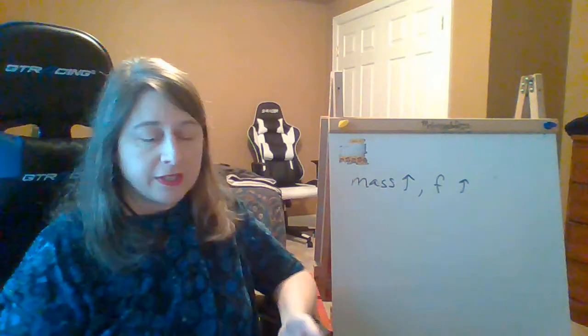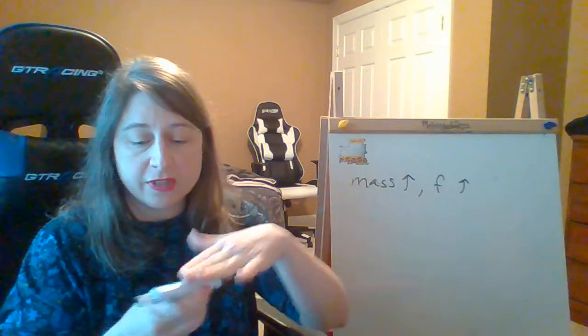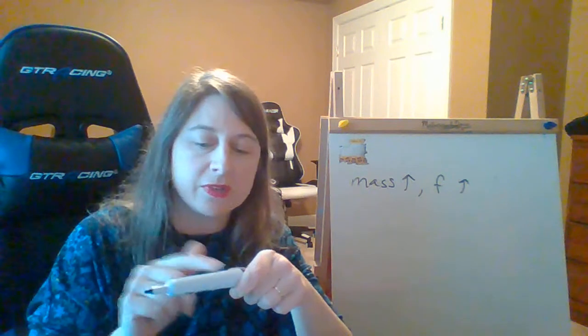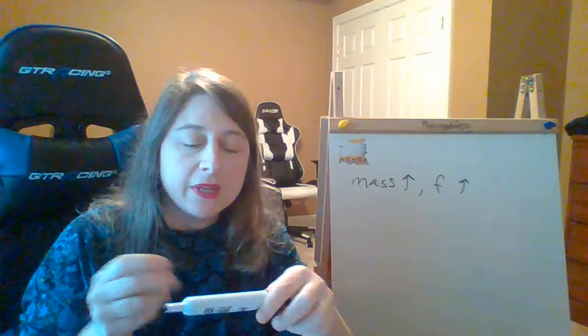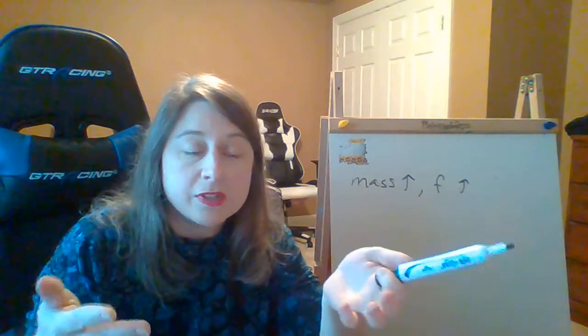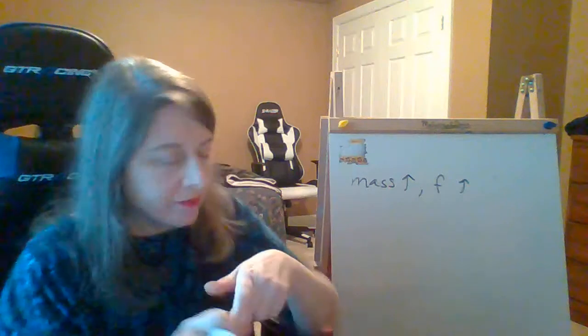Friction is also affected by the makeup of the two surfaces that are in contact with each other. There has to be contact between two surfaces for friction to occur. If the two surfaces are very smooth, friction will be less. If they're very bumpy and rough, friction will be more on average.